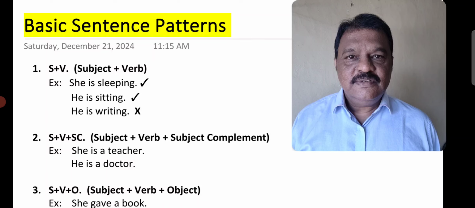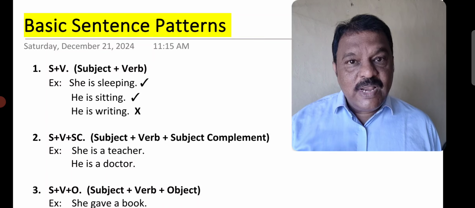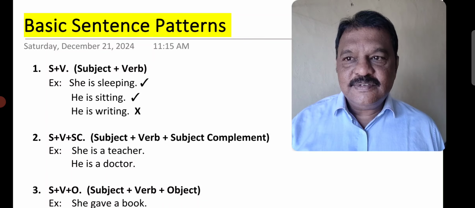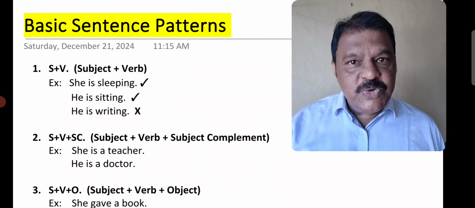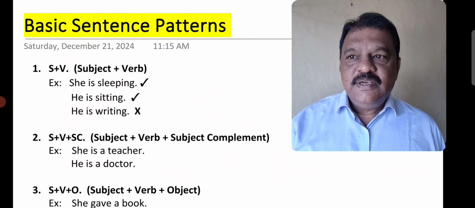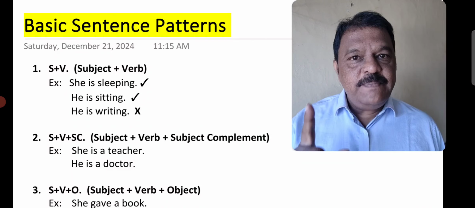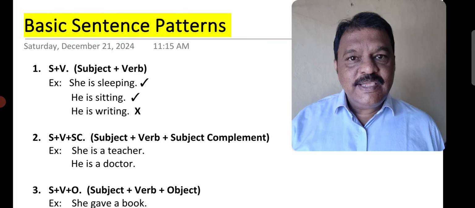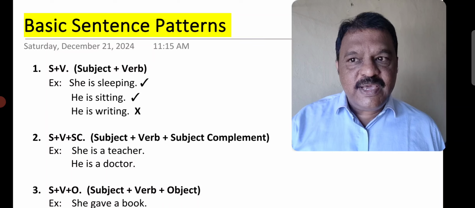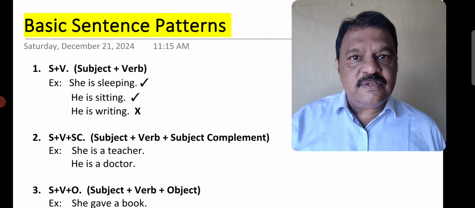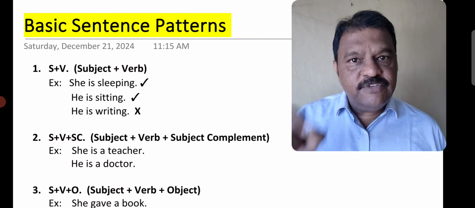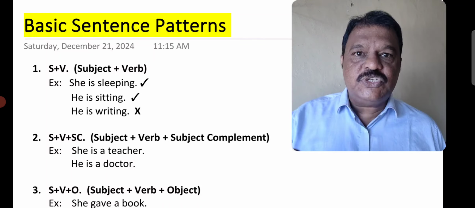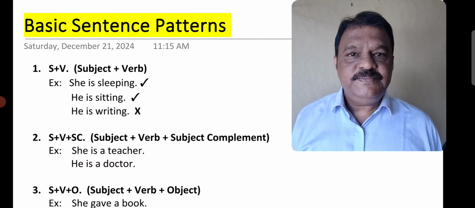You got it? So, what I would like to tell you here is, when you produce sentences using S plus V pattern, it's always good to use intransitive verbs so that you can complete your sentence just after the verb. You can keep a full stop after the verb.